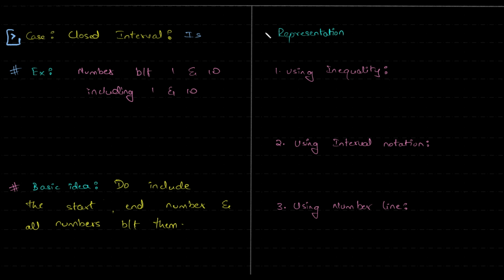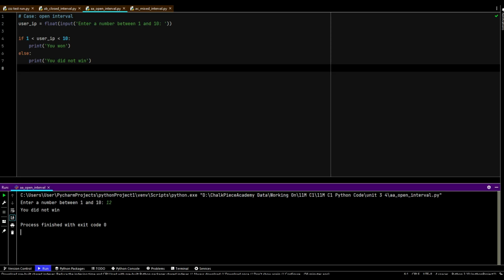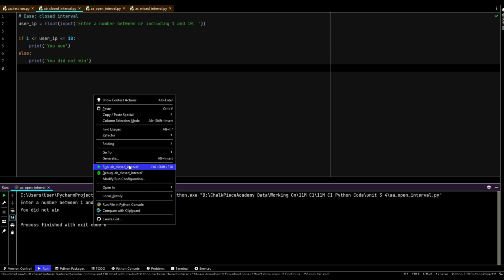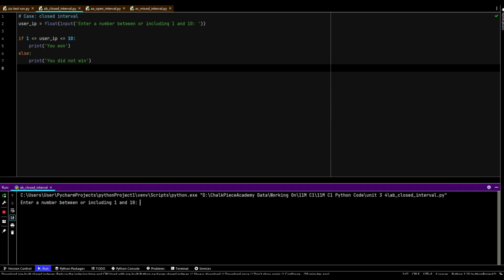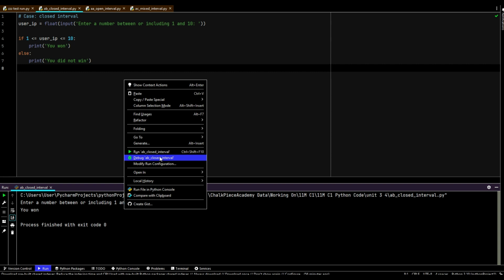So how do you represent it? Using inequalities, we can represent it in this manner. So we have n. Let's use that. I've done that over here, and let me run this. Enter a number between or including 1 and 10. So I'll enter 1.00001, and I won.